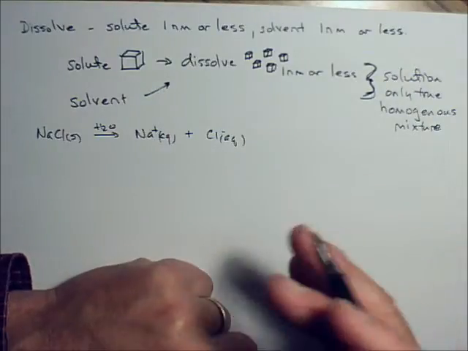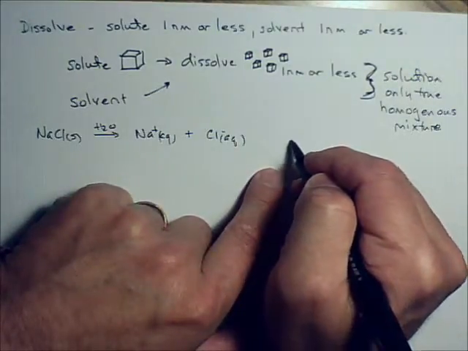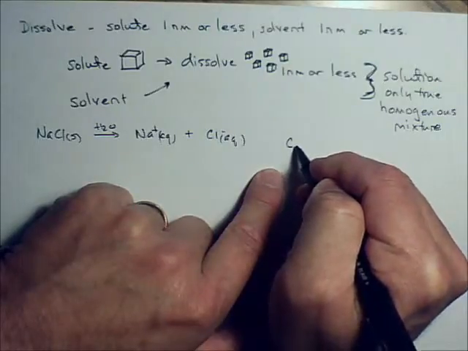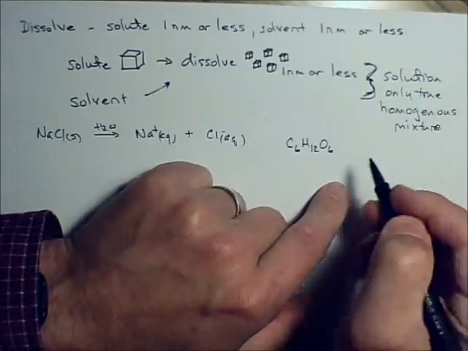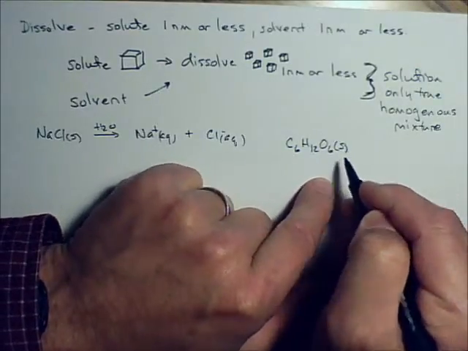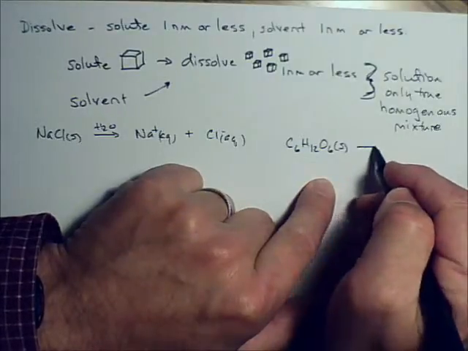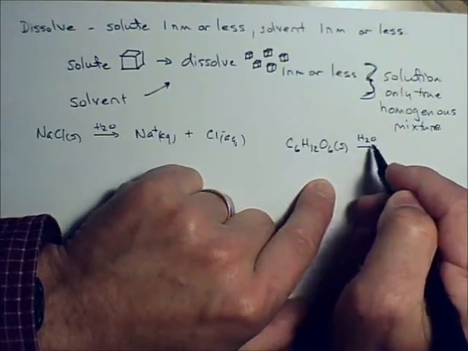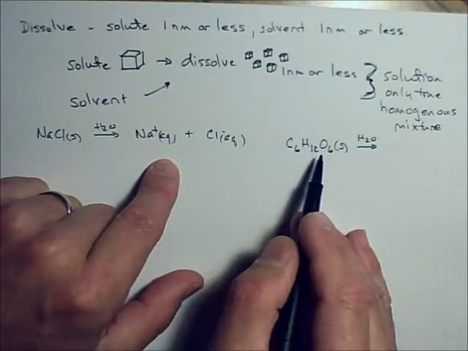It's a complex sugar. A real simple sugar like glucose would be C6H12O6. That table sugar, or that glucose, can come in a powdered form, and you can put it in water, but it doesn't break up into separate ions. It's not ionic.